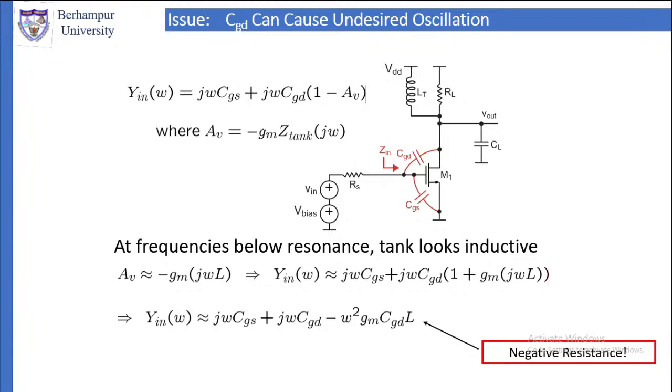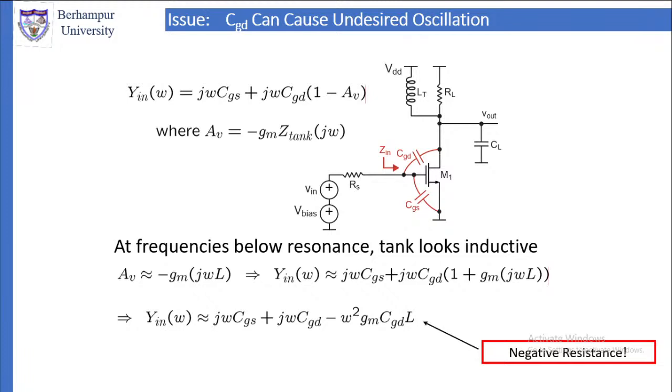If you are giving the signal as input, Vin is the input signal. From that side, look into the amplifier or the transistor. The input impedance is Zin, and the admittance will be Yin. It will depend on the frequency.